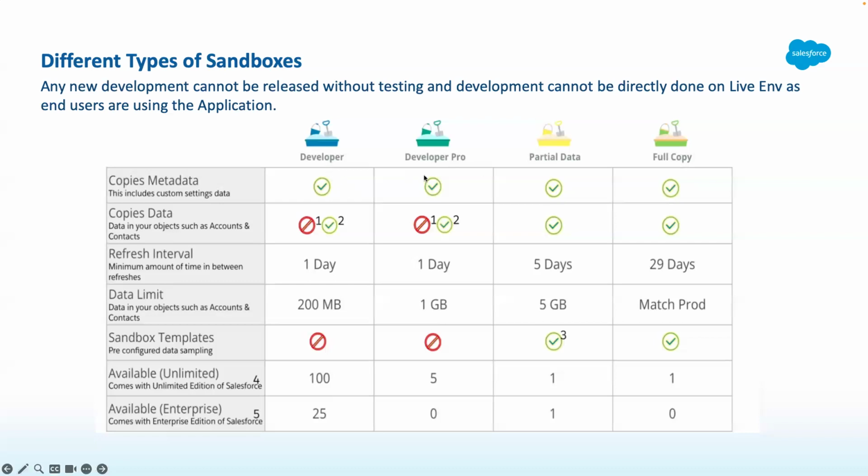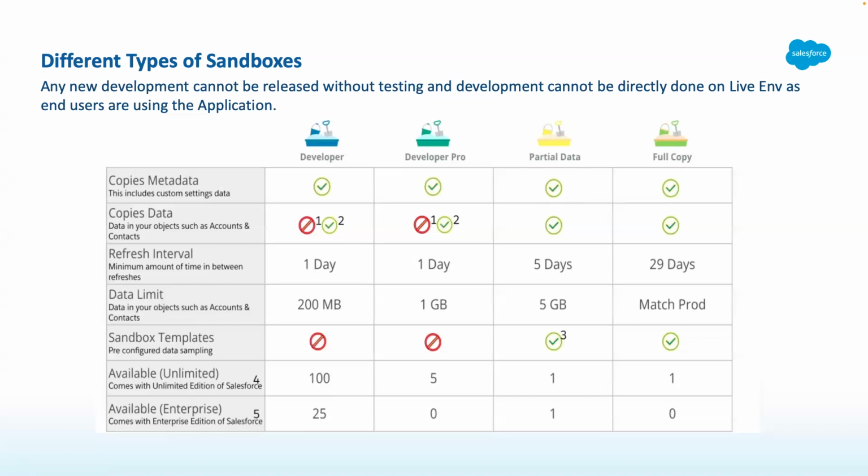Then you have Developer and Developer Pro. Developer Pro is only different in that it allows more data to be stored in your environment. Developer has 200 MB while Pro has 1 GB. But looking at the number, I only have 5 Developer Pro, so I need to use it wisely.